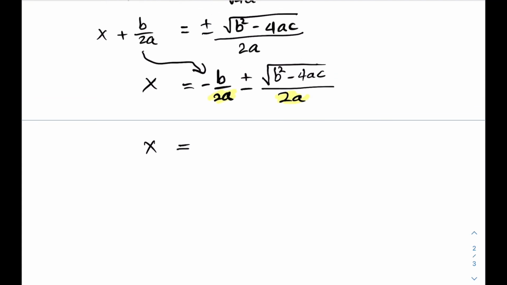Since the denominator is the same, we can combine the two fractions into one big fraction. Negative b plus or minus the square root of b squared minus 4ac, all over 2a.